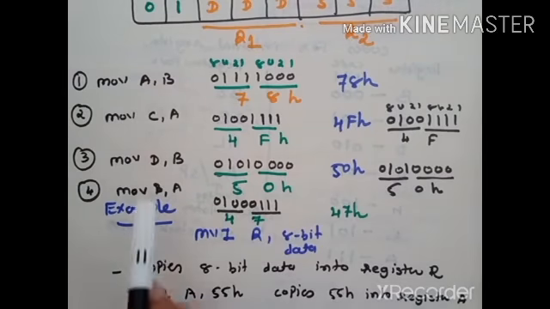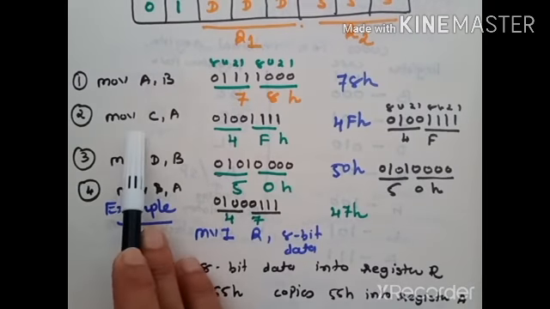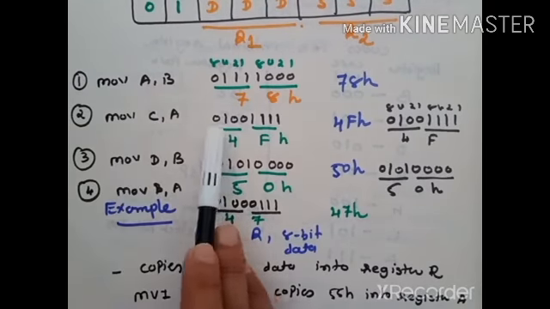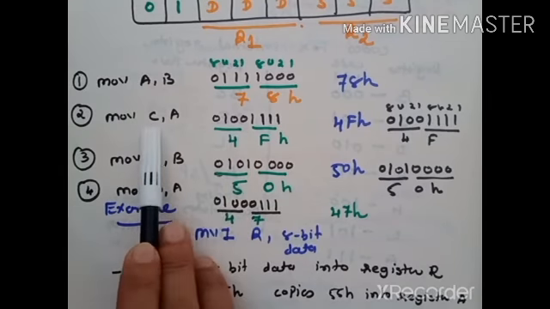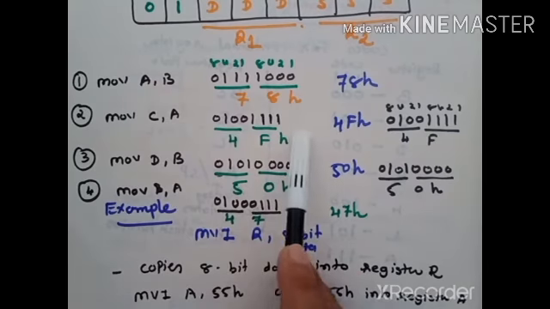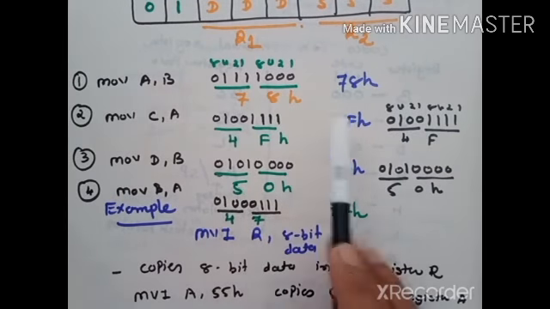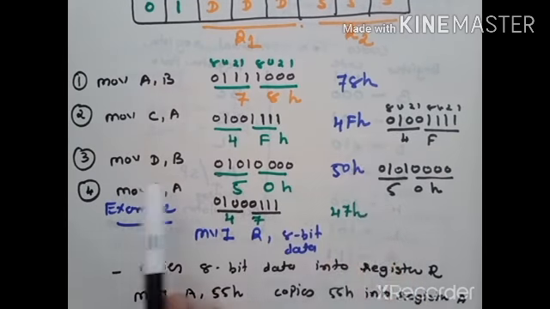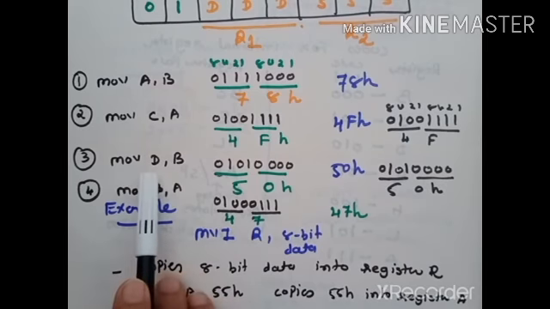Then next, MOV C,A. Then 01 is fixed, the equivalent code of C is 001, then the equivalent code of A is 111, then according to 8421, 4FH. Then next, MOV D,B.